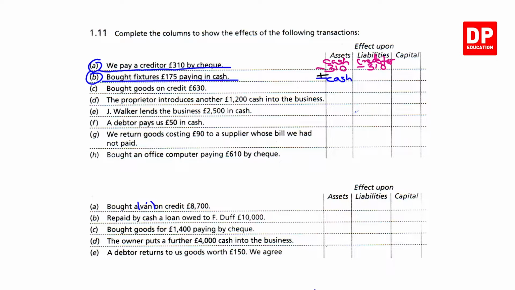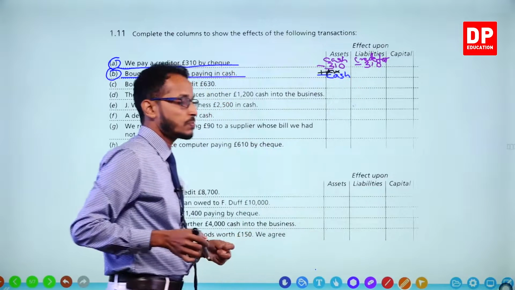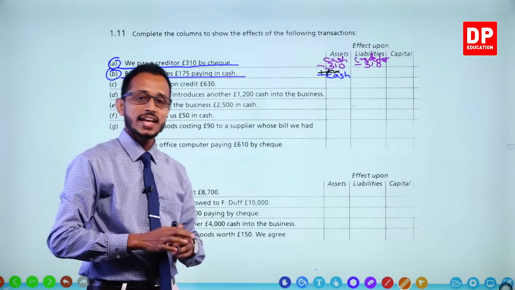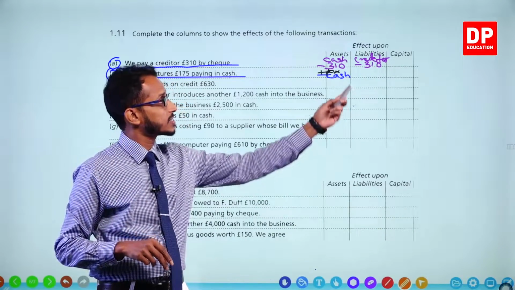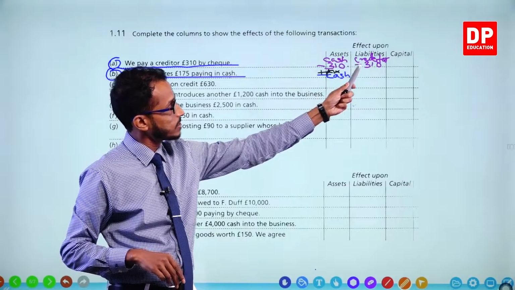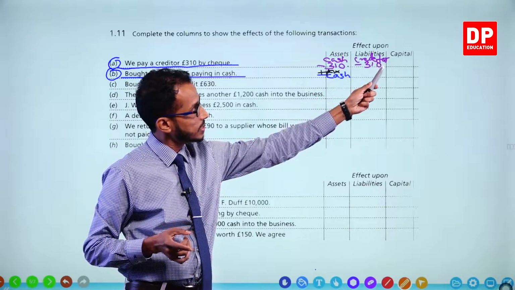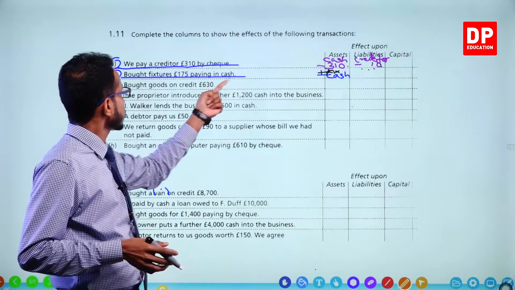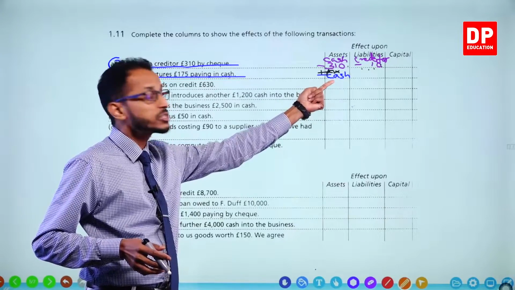Fixtures asset increases. I will write fixtures. Right, so that's that. Second transaction, both entries went under assets. But in the first transaction, one entry under assets, one entry under liabilities. I hope it's clear to you, children. Fixtures increase, but cash decreases.